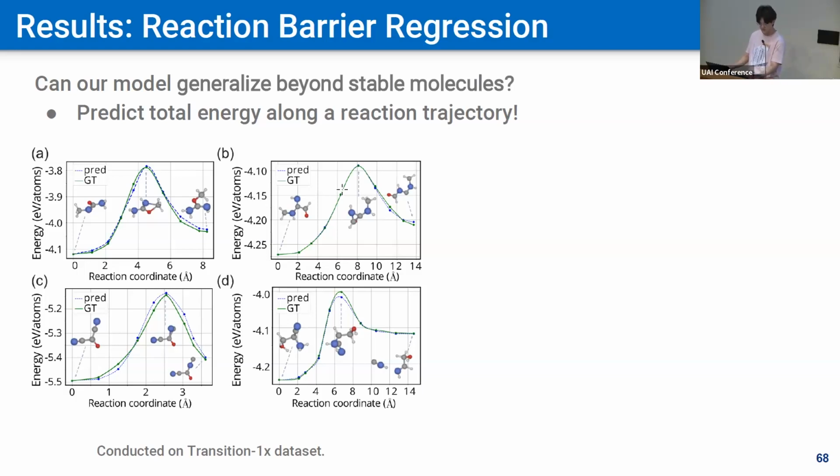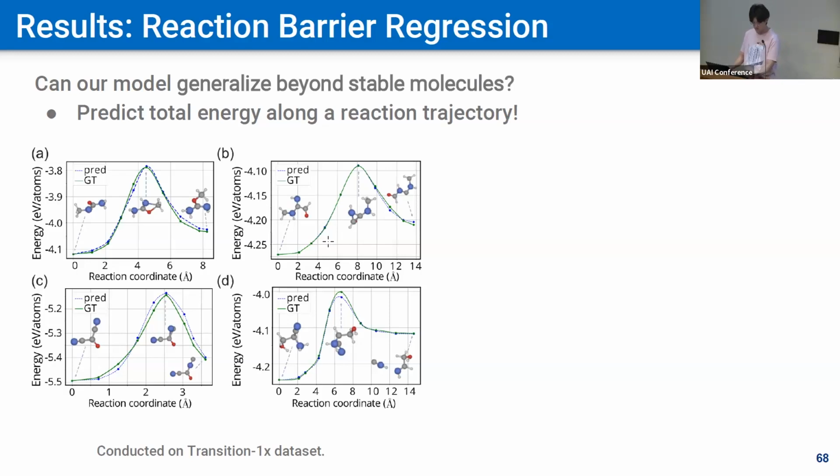For the first task, we incorporated a pre-training step on the QM9 dataset, followed by a fine-tuning step on the Transition1x dataset. Here, the Transition1x dataset consists of many unstable structures. Remarkably, our model demonstrated significant accuracy predicting the total energy for even those unstable structures.